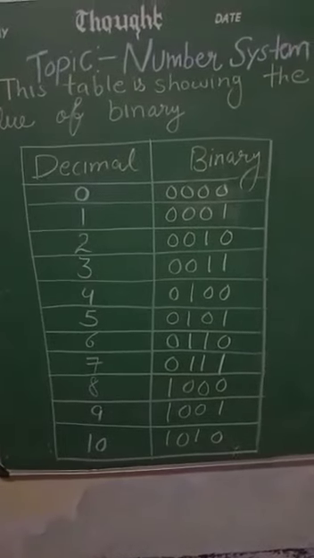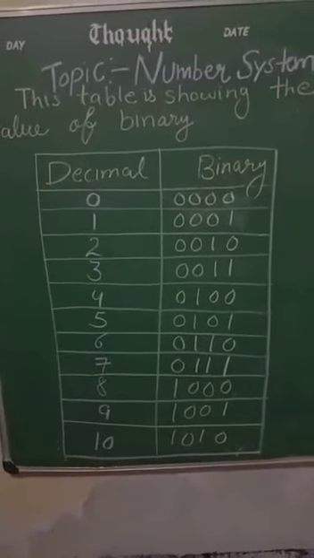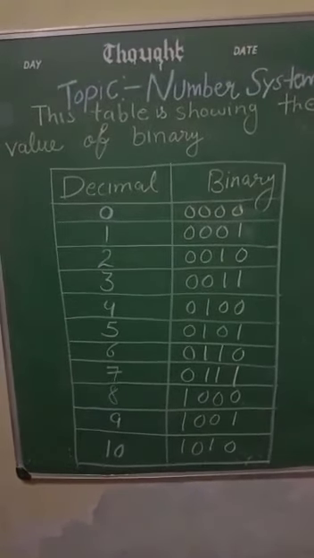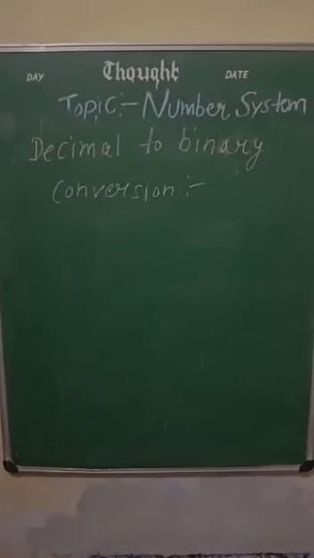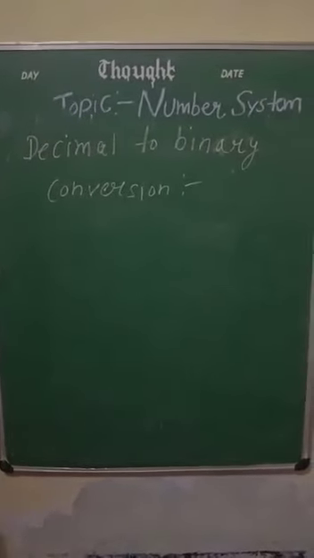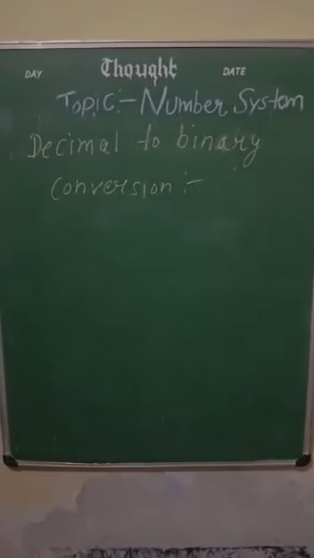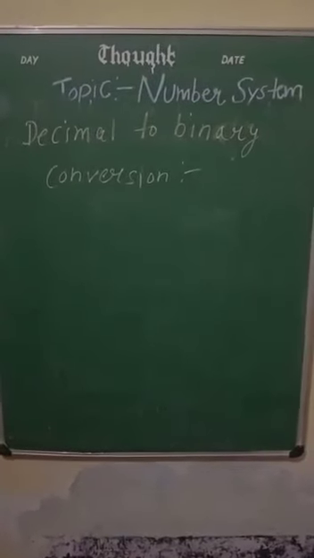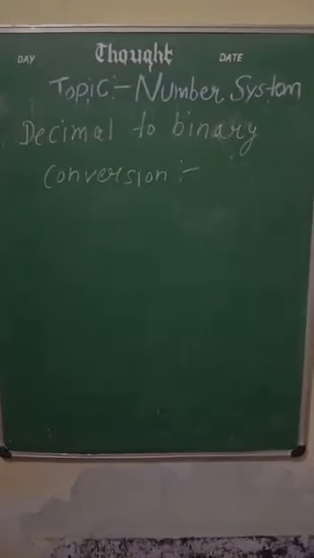Everyone remember this table when you are doing conversion. So now we will start conversion. Firstly, decimal to binary conversion. You can remember 4 steps. Firstly, divide the decimal number given to you by the value of the base.